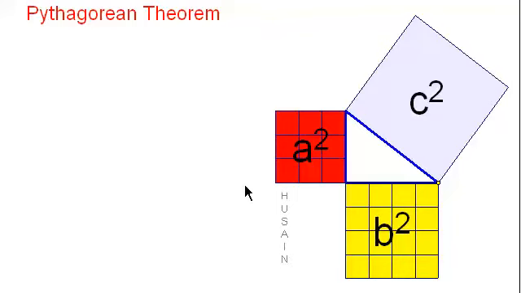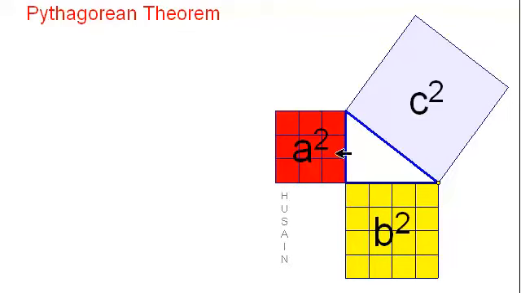For example, I have a square constructed on one leg, which is 3 by 3. You can see it is 3 by 3. And there is another square constructed on leg B, which is 4 by 4.